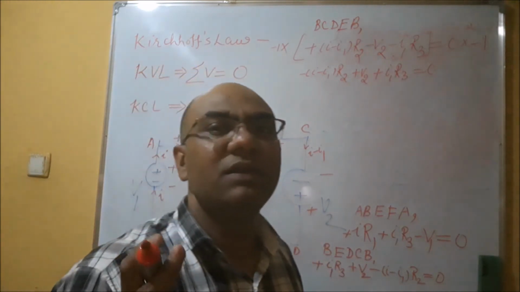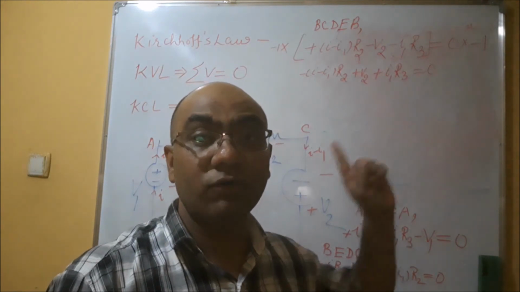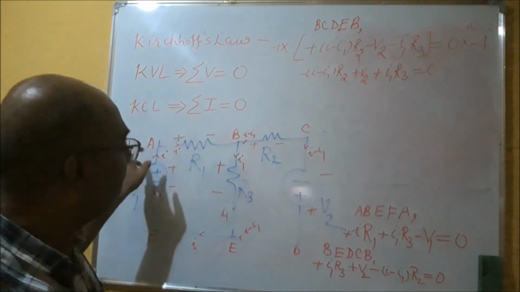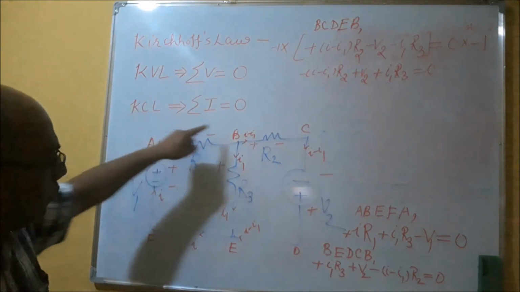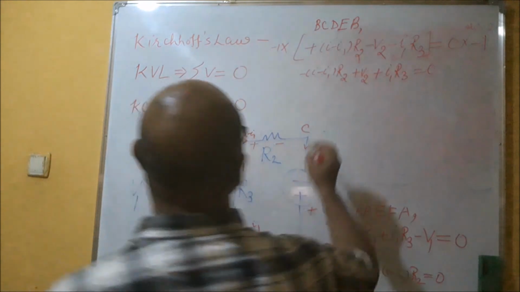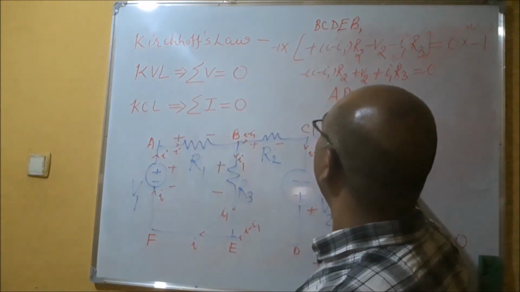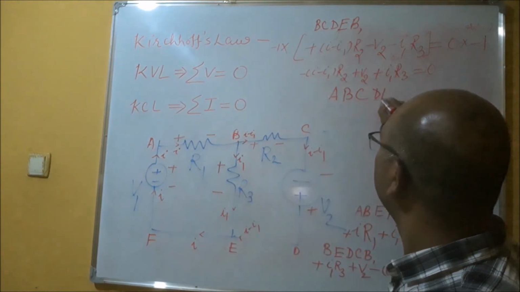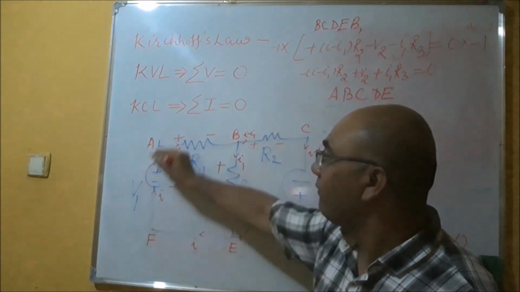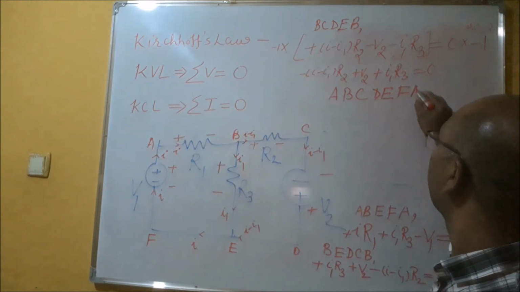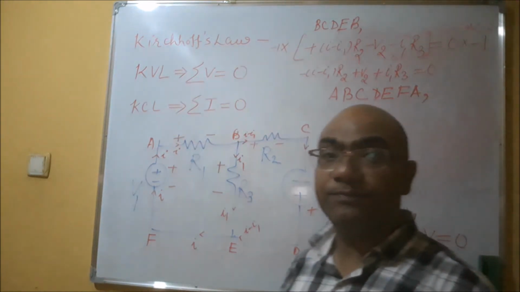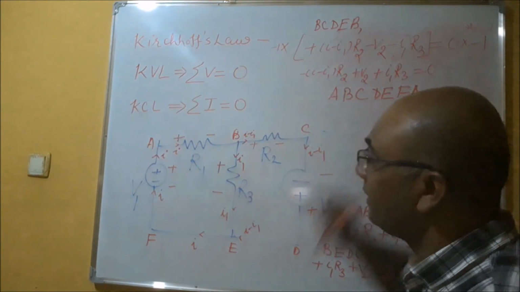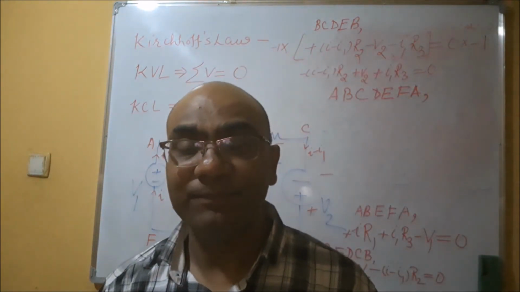Again, I'm writing the last KVL equation for the big loop. And for this big loop, suppose again I'm moving clockwise. So when I'm moving clockwise, this is A, B, C, D, E, F, A. Right?